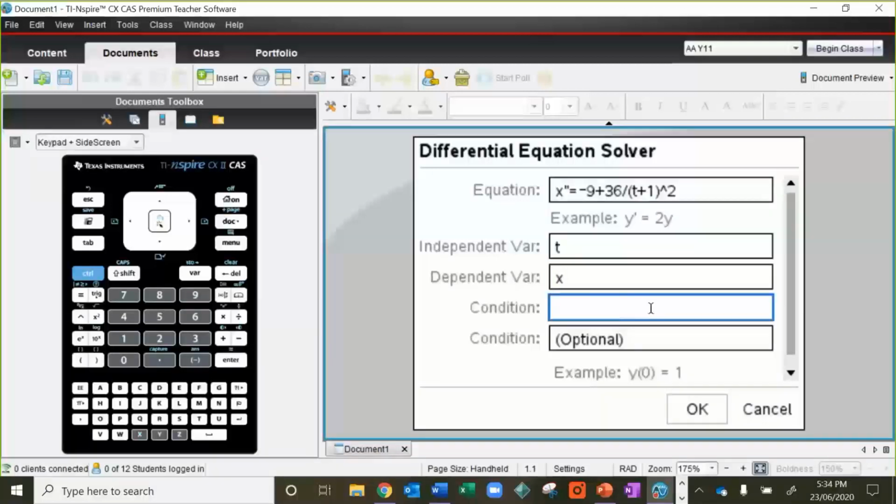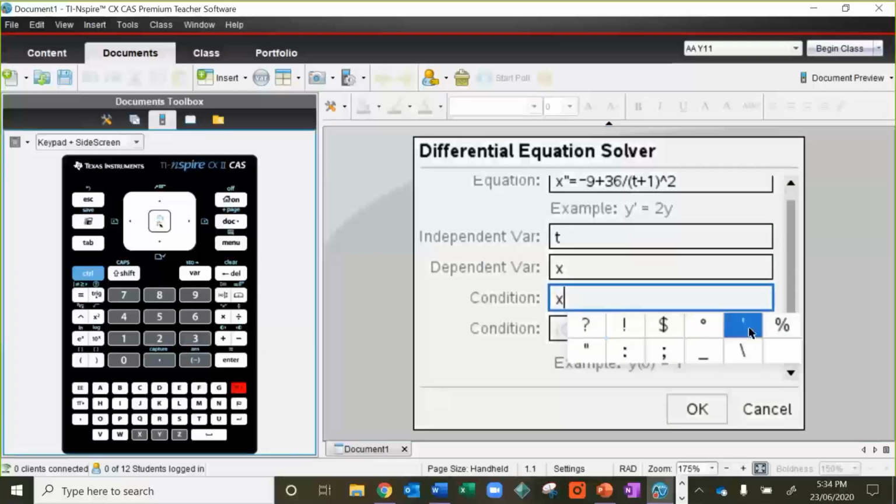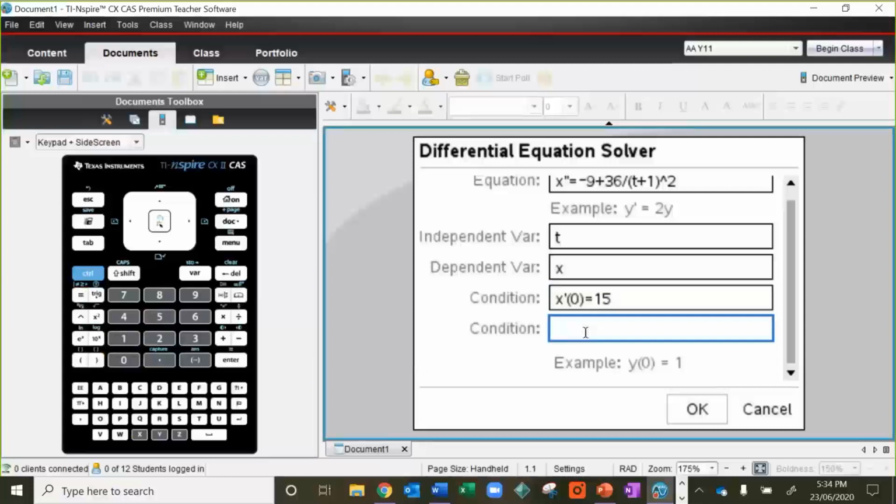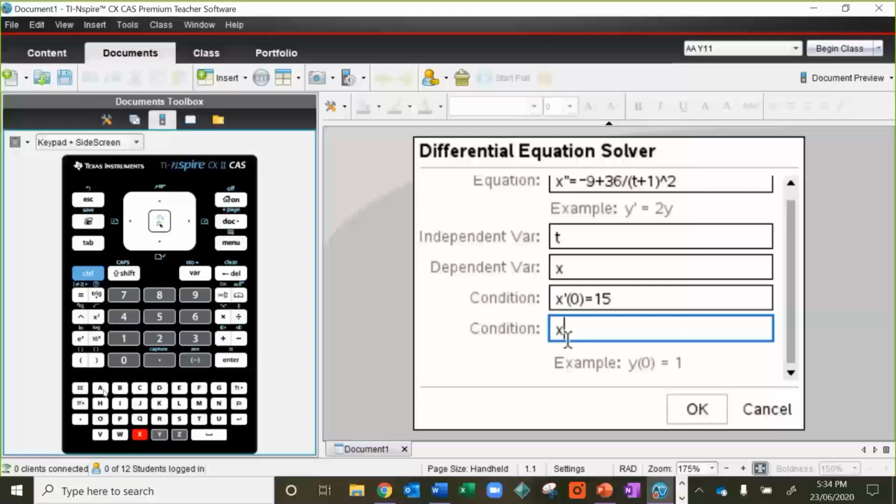What are the initial conditions? We know the velocity, x dot, use this bracket here, in 0, and that is equal to 15. And the other condition is the projectile is fired vertically up from the ground. So x in 0 equals 0.